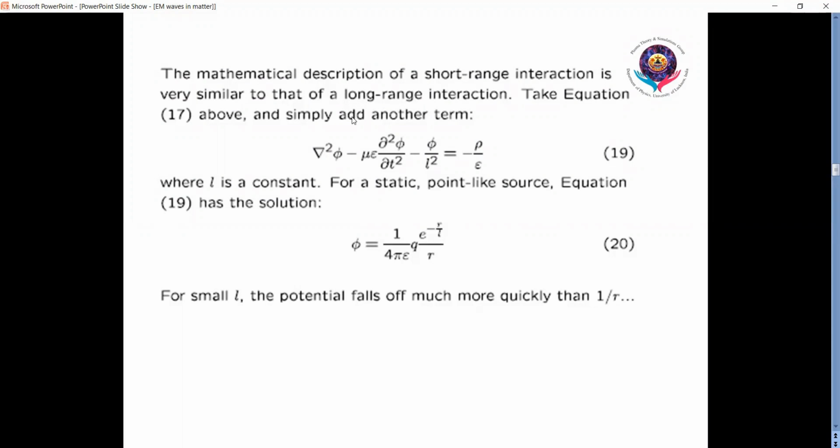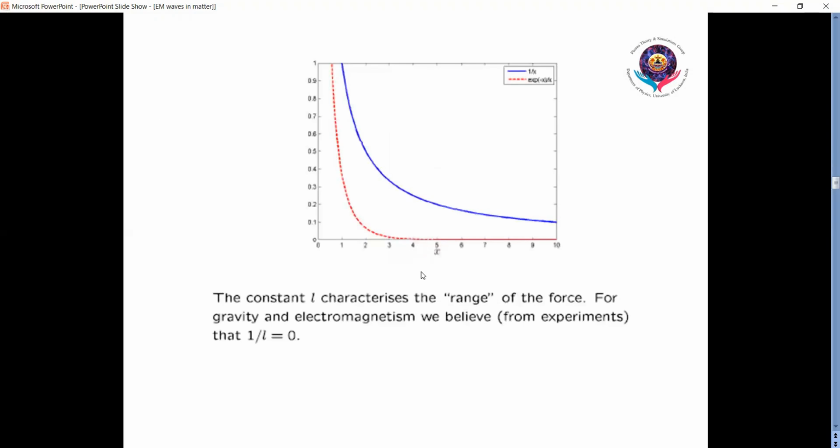This equation is a solution of this. This is the value of the scalar potential for a point like source, and moreover the source is static. It is not moving. This is a comparison of the electromagnetic force and the gravity force. The gravity force is less and the electromagnetic force is quite large.